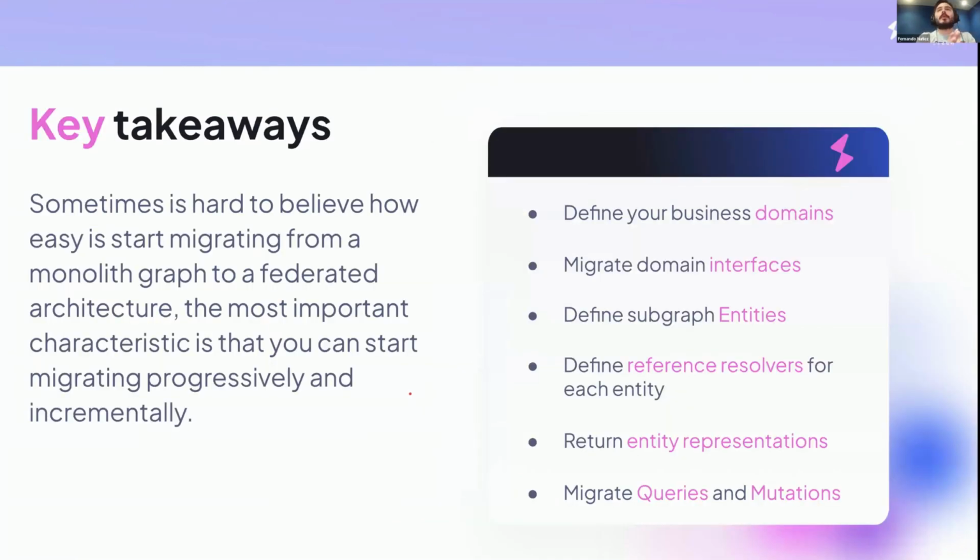So, to sum up a little bit all we have talked about on how to migrate to Federation. Basically, first we need to define our business model and have a clear view of the domains, so that way we can create a subgraph per domain.